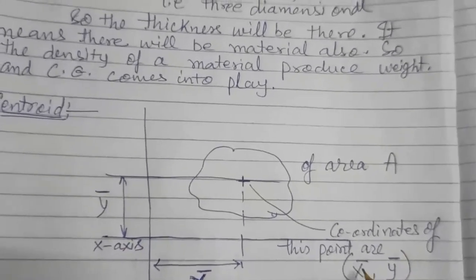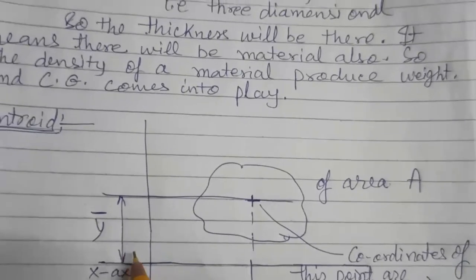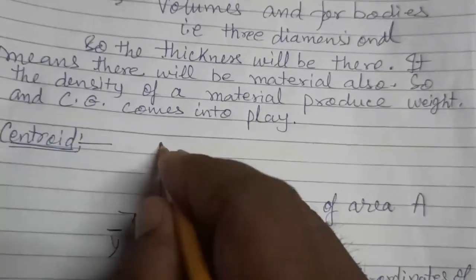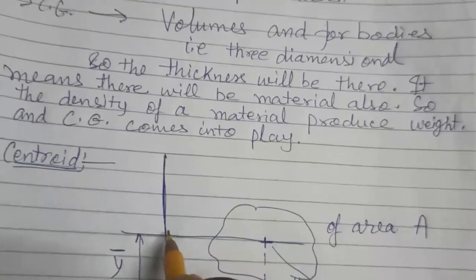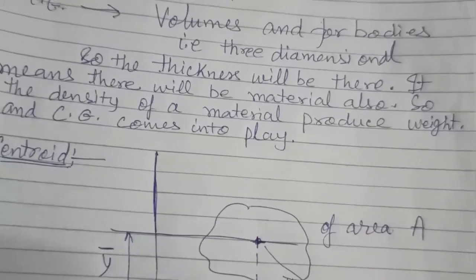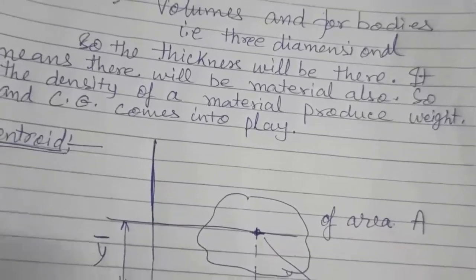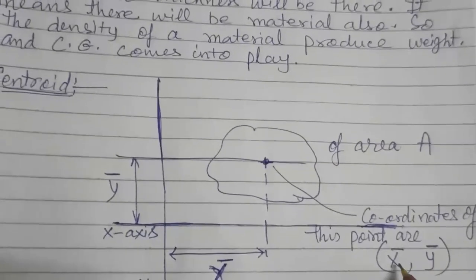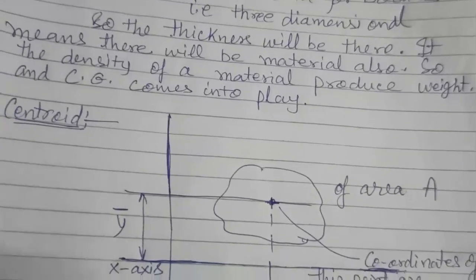So remember always, x bar is measured from the y-axis and y bar is measured from the x-axis. So these are the reference lines. To show the distance of any point, we require two reference lines, one along x-axis and the other along y-axis, and these centroid coordinates are x bar and y bar.